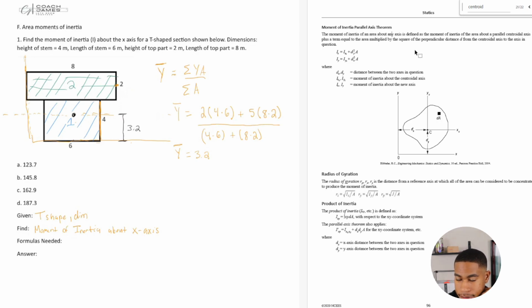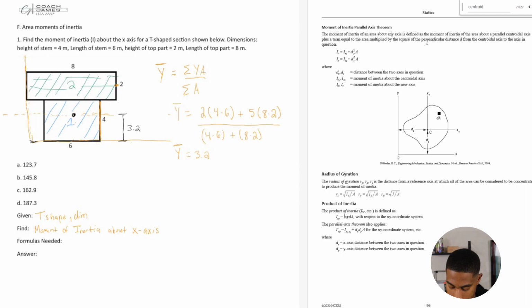Well, you have two different axes that you're comparing things to, right? Our reference axis is one axis, right?